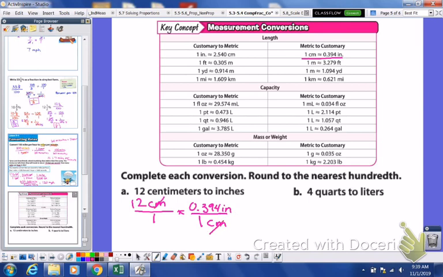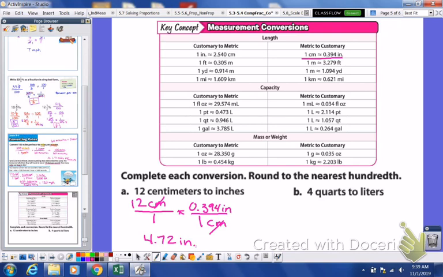Centimeters cancel, left with just inches. We're told to round to the nearest hundredth, so if we take 12 times 0.394, we end up with 4.72 inches. So we know that 12 centimeters is approximately 4.72 inches.